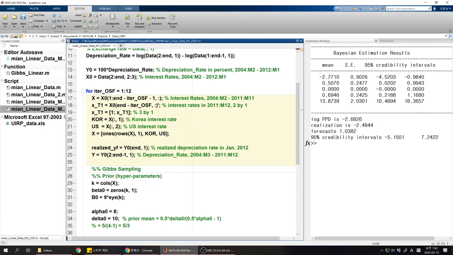Of course, as itr_OSF increases, you get a smaller data size because the sample period will be shorter; we are going back to the past by increasing itr_OSF.